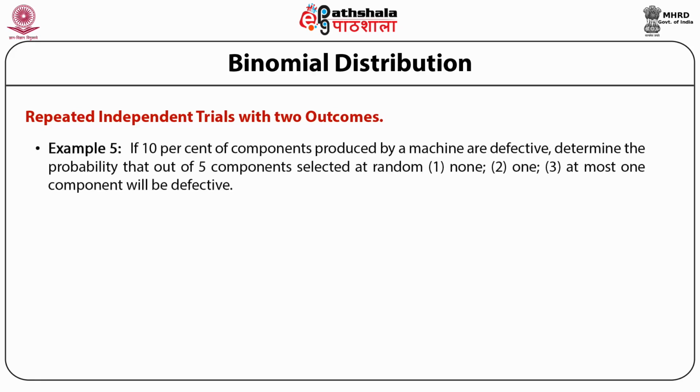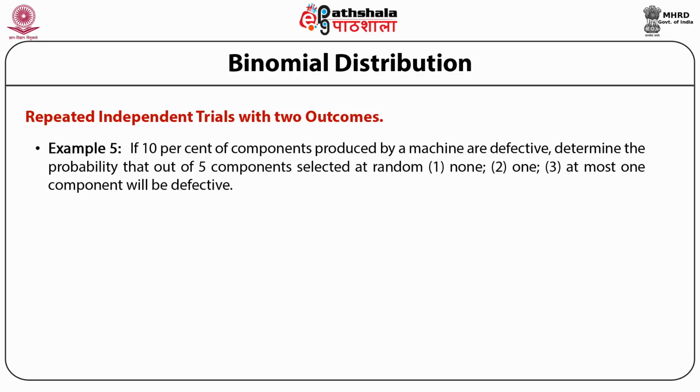Next example: if 10% of the components produced by a machine are defective, determine the probability that out of 5 components selected at random, first none, second 1, and at the most one component will be defective. Let's see how we'll do this question.